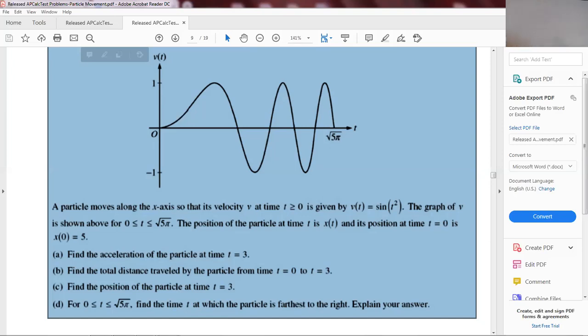You have to write the acceleration is the derivative of the velocity with respect to the time. Then you want a(3) is the derivative of the velocity with respect to the time evaluated at t equals 3. Okay, so that is something that the reader wants to see, correct?